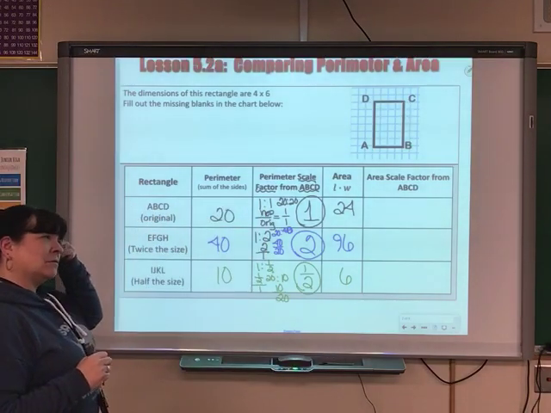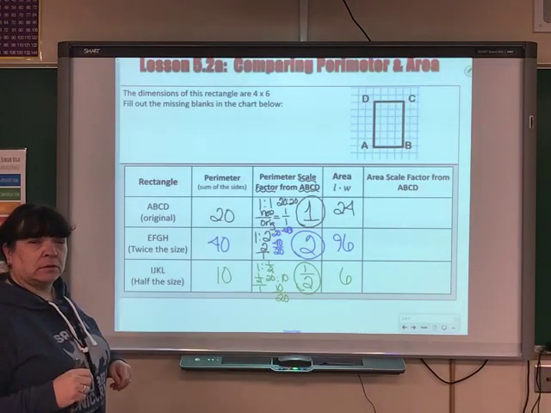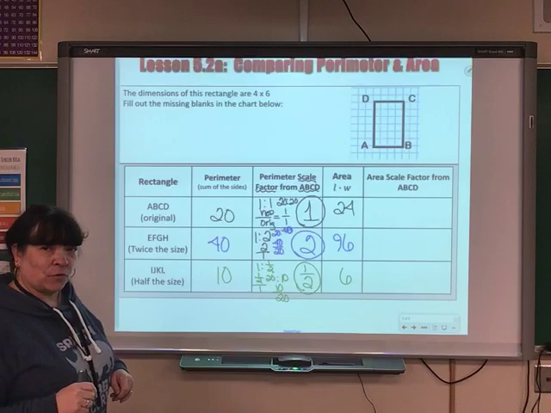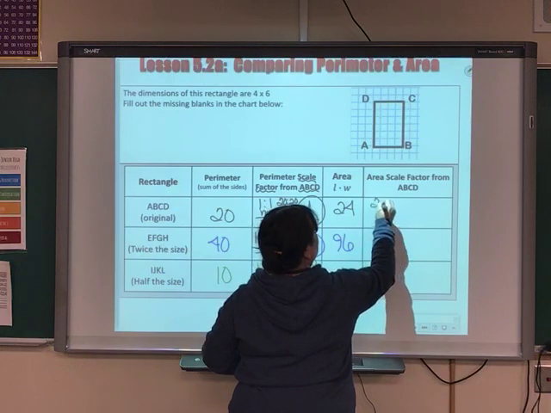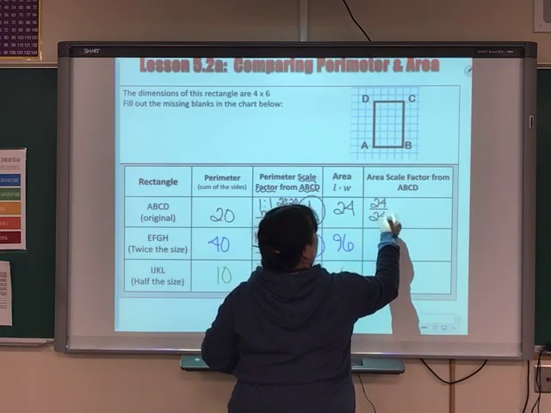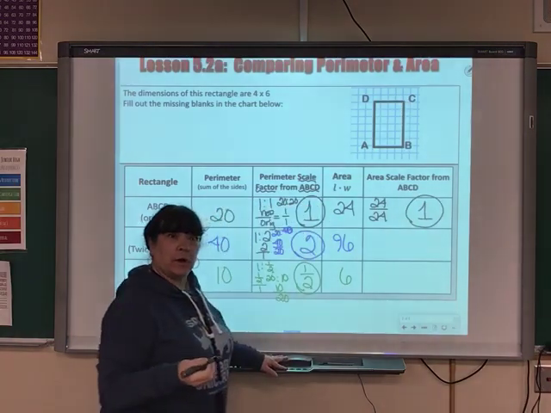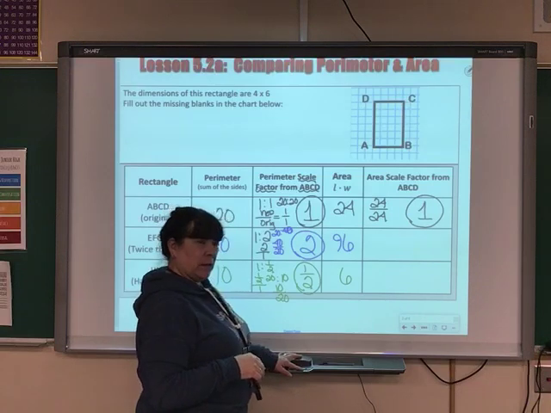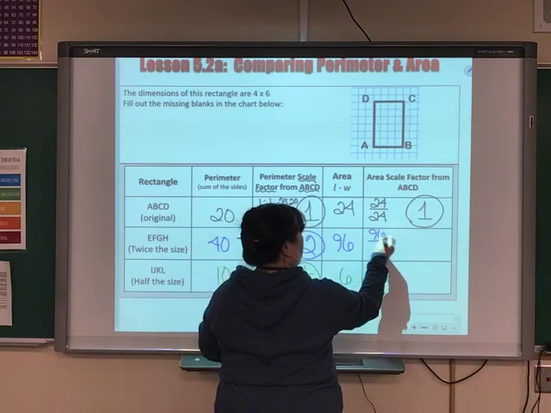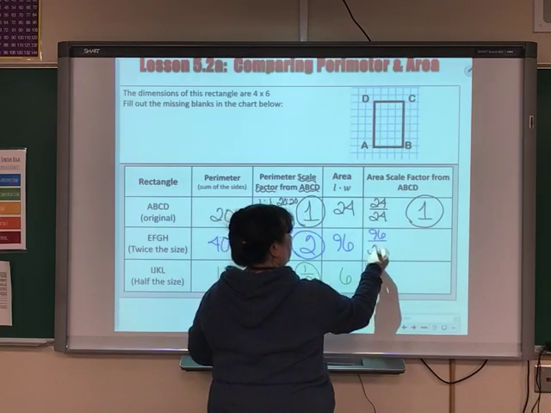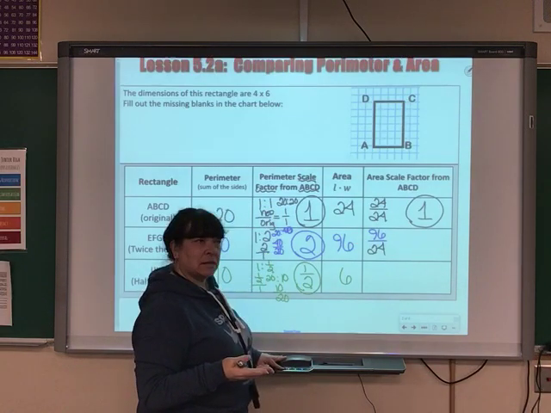If we look at those and put them in a ratio of new to old in fraction form, think about what happens. Well, it is itself, so it's still a scale factor of 1. 1 times itself is 1. However, this one, I would be putting the new and bigger one over my original, which is 24. How many 24s fit into 96?